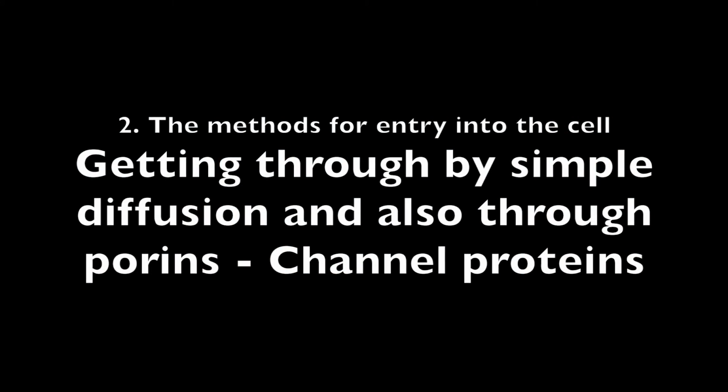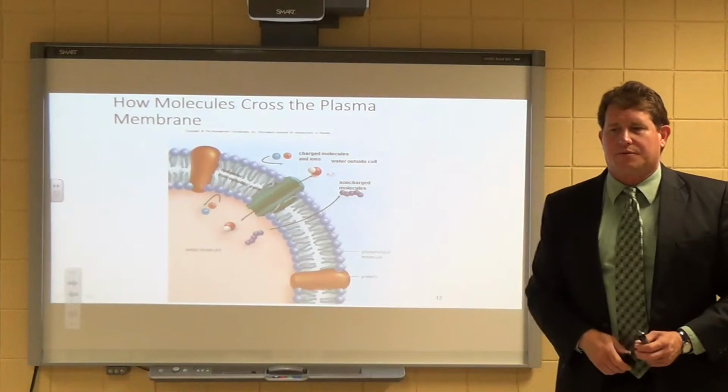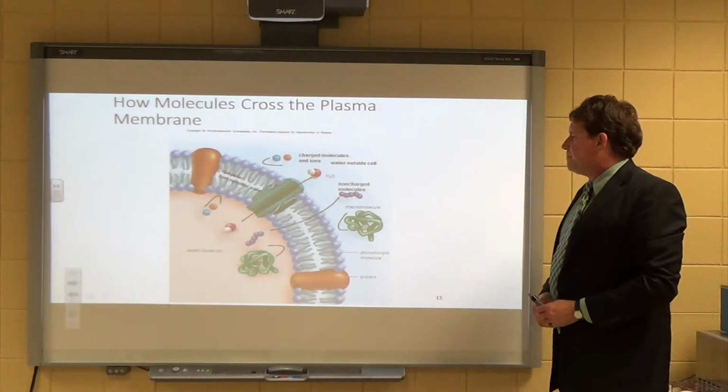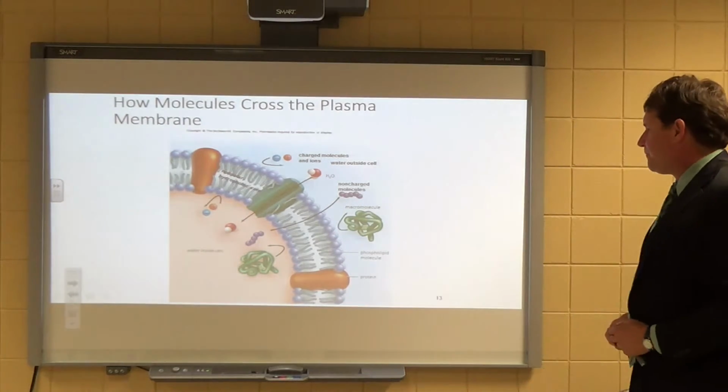So we're seeing how proteins can help diffuse things across the membrane, or they can get across by simple diffusion. So either channel proteins help or simple diffusion. Yeah, small molecules can get through. Macromolecules, very large structures, large molecules can't get through.